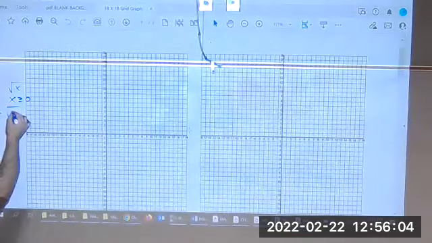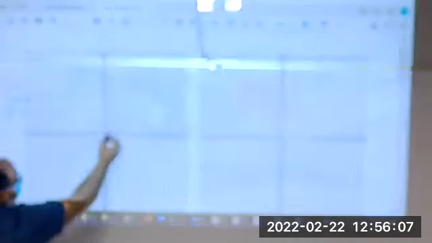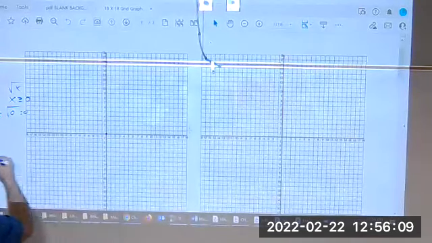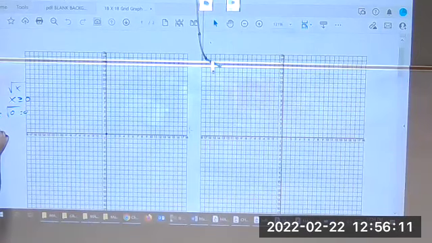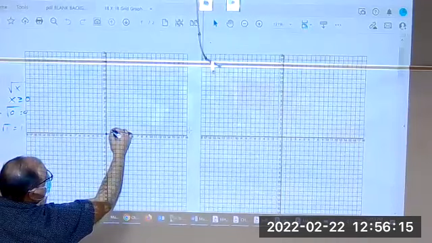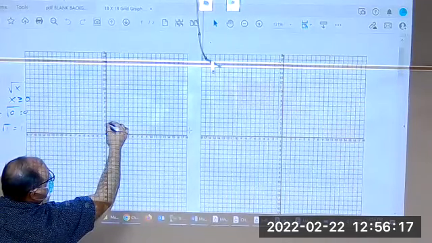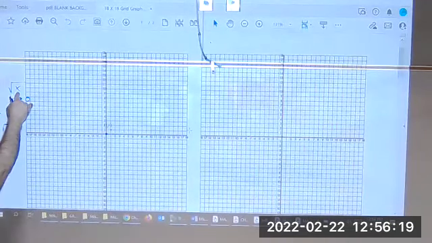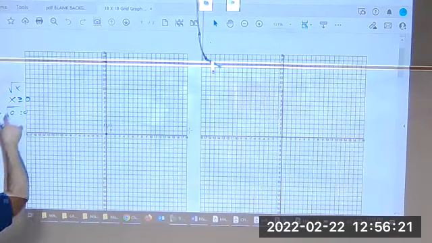So the first thing you would pick would be 0. Square root of 0 is 0. Then the next nice perfect square is 1. Square root of 1 is 1. The next nice perfect square that you can take would be the square root of 4.